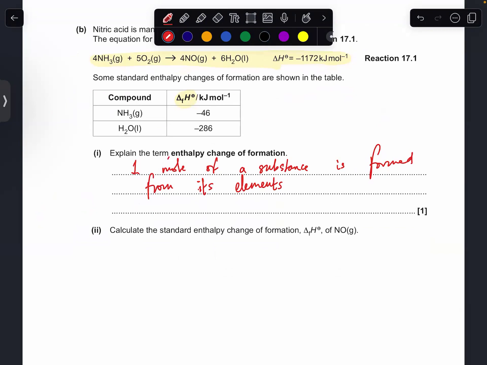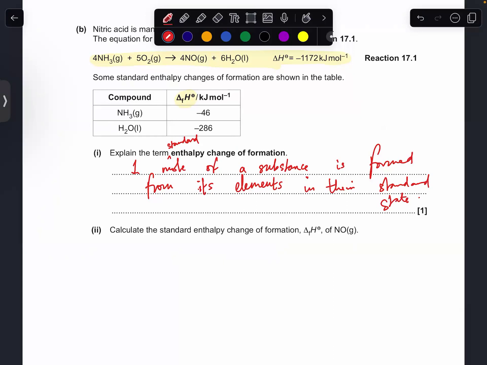If they said standard enthalpy change of formation, then you could add from its elements in their standard state. It's asking you to calculate the standard enthalpy change of formation of NO.